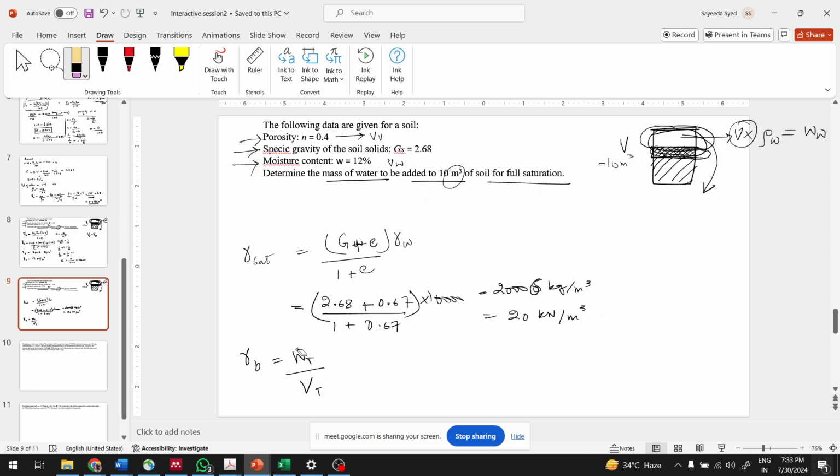Okay. And gamma bulk is equivalent to weight of solids plus weight of water, this one, over volume, and gamma saturated is equivalent to weight of solids plus the complete weight of water.